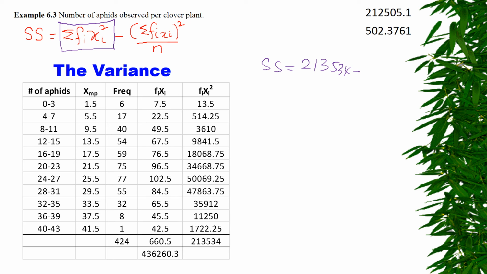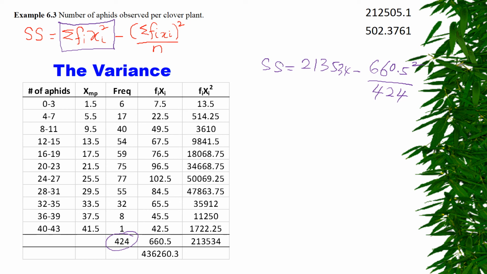Fixi has the total summation of 6605.5, and it must be squared here and divided by n. N is 424, the total number of samples, so 424.